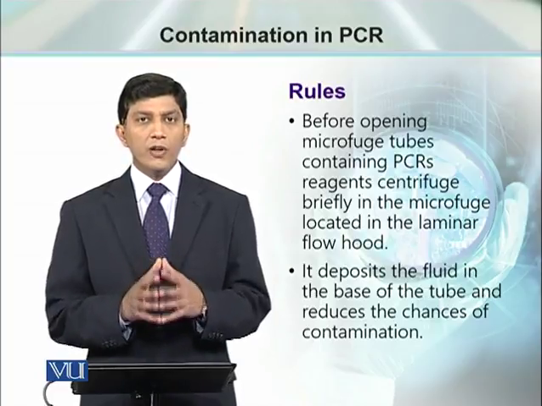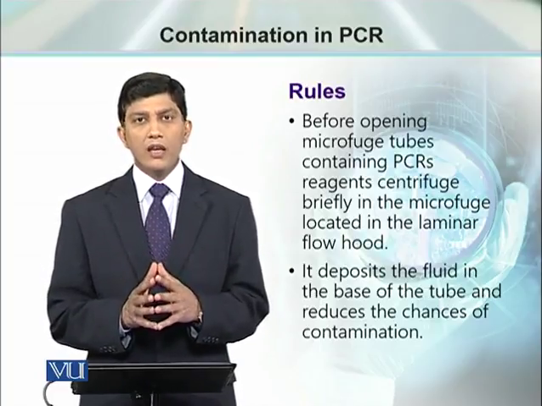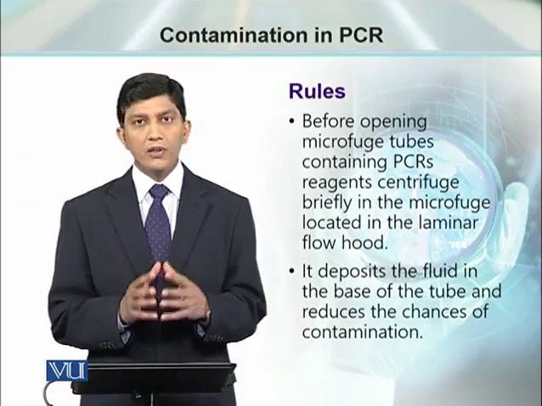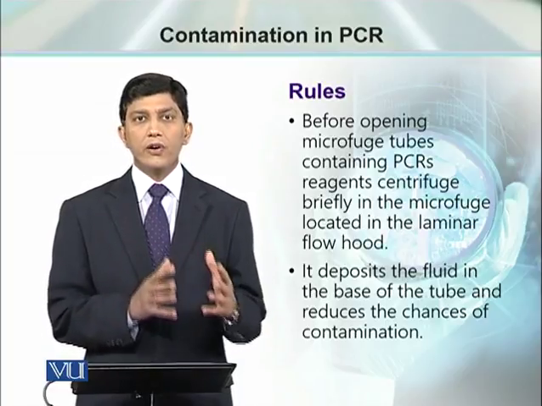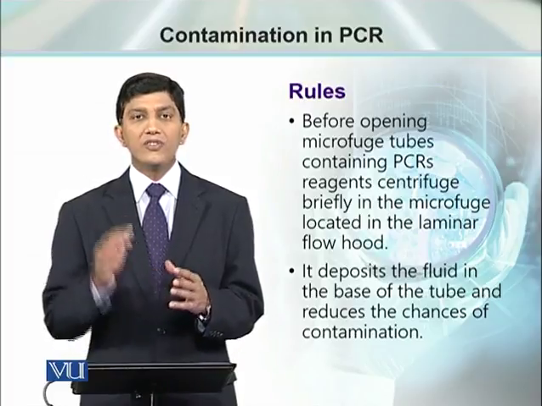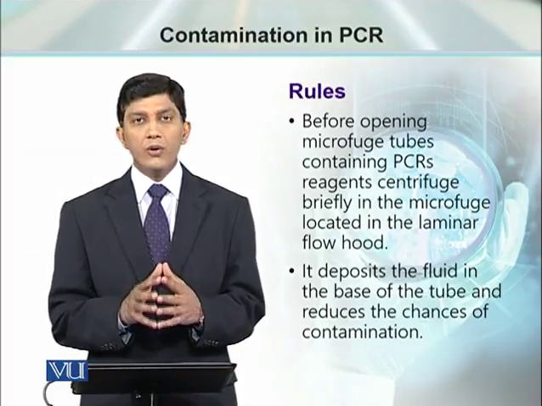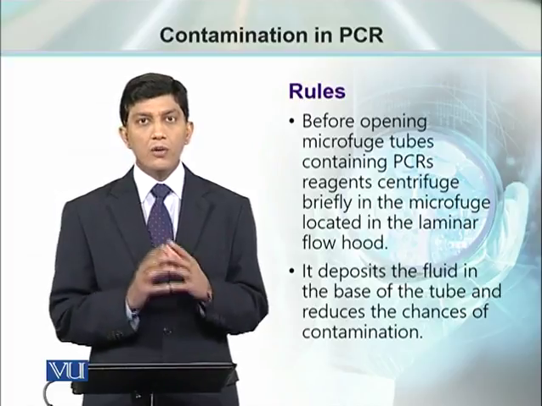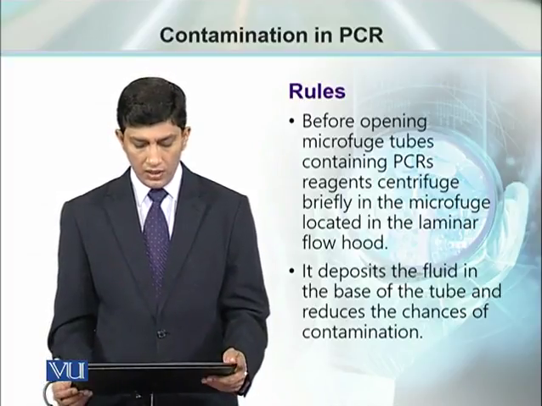Because the volumes are in microliters and in small drops, after thawing the tubes, centrifuge them so that all the liquid settles at the bottom and no contamination can come into your PCR reactions or PCR mixtures.